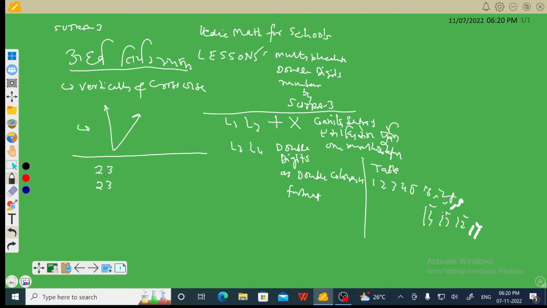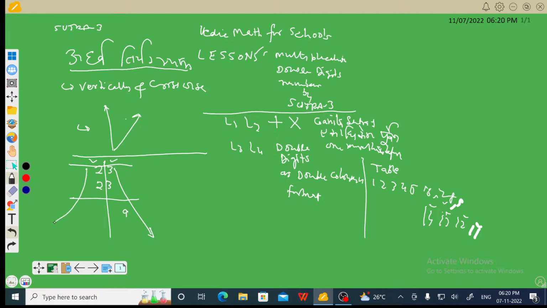So first we will write them in double column format, a first column and a second column. Now here the rule is that multiply first digits.